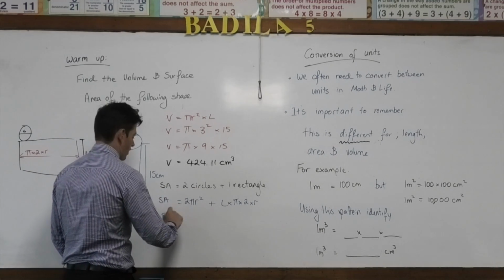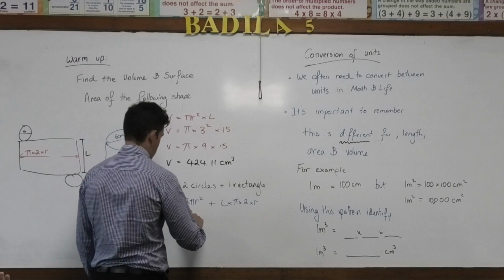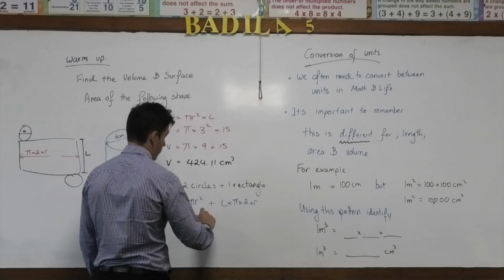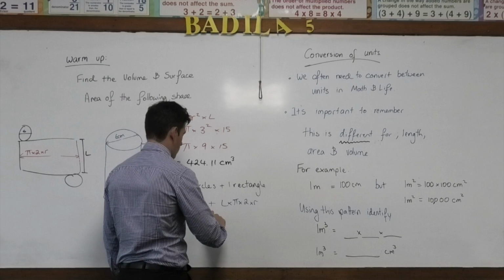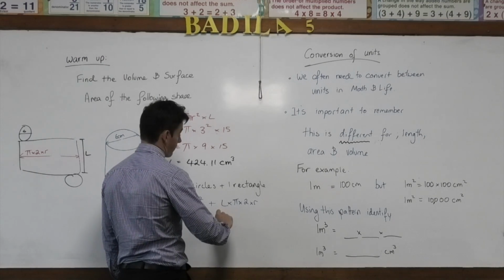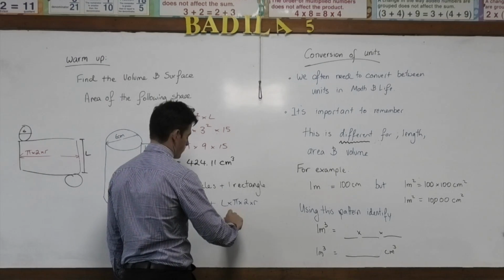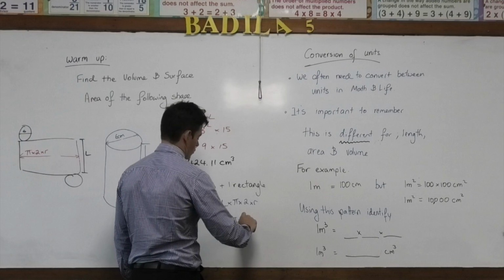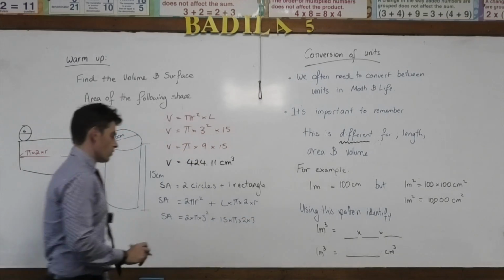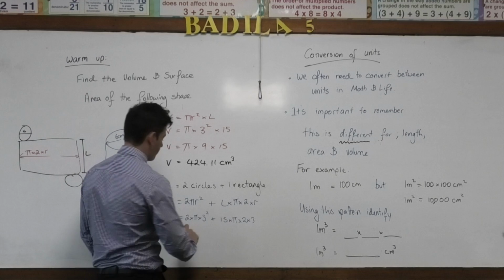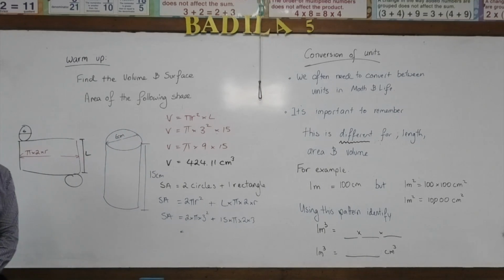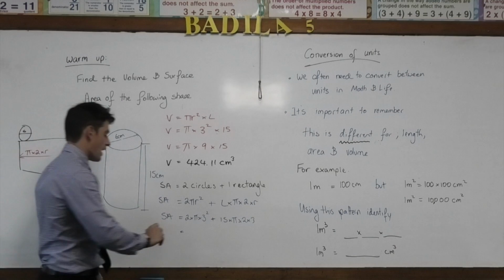So surface area equals 2 times pi times 3 squared. You're one step in front, but that's good. Plus length, what's my length? 15 times pi times 2 times 3, which looks gross, but it's not too bad. What's 3 squared? 9 times 2, so I can get 18 pi.